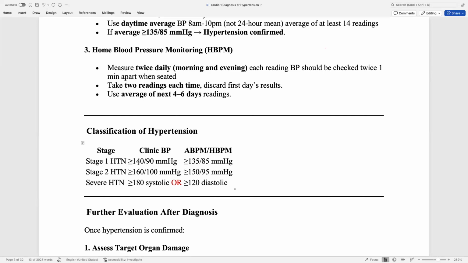In the clinic, above 140/90 but below 160/100, this is stage 1. Stage 2 is 160/100 or above, but below 180/120. If our blood pressure is 180 or above, or 120 or above, that is severe hypertension.